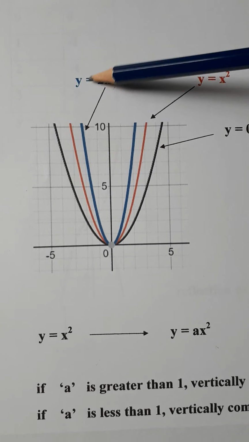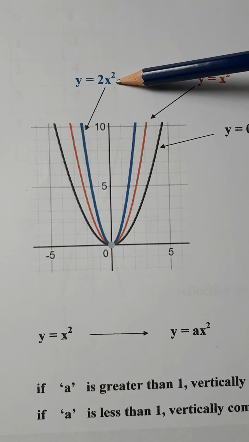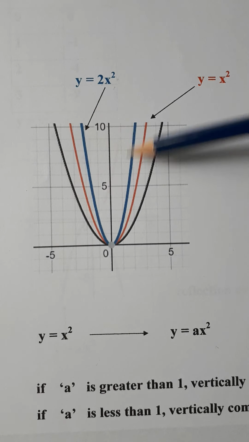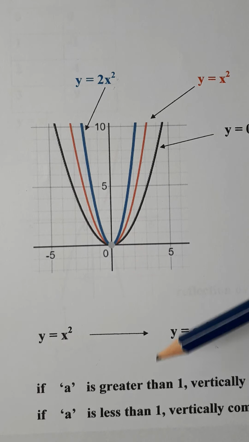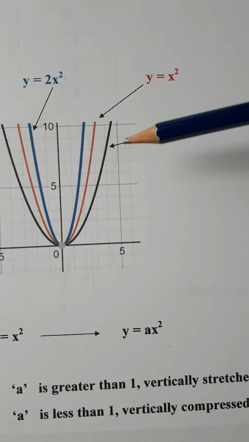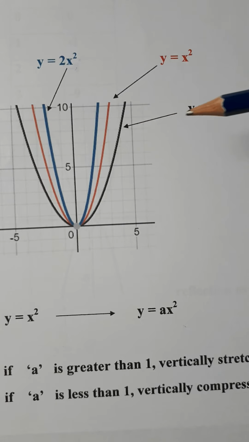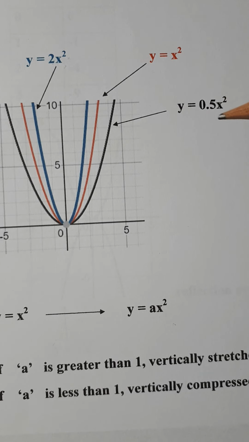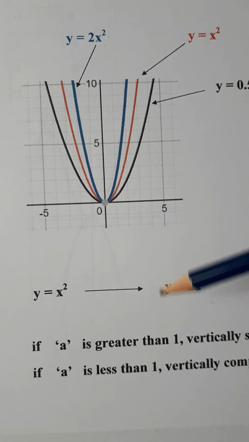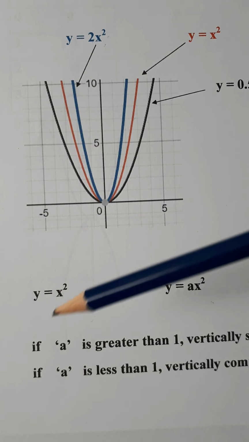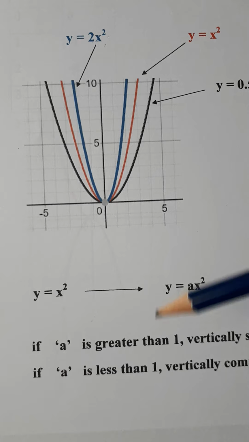If you look at y equals minus 2x squared, this thinner graph will reflect over the x-axis and it will look like this. Same thing for y equals 0.5x squared. y equals minus 0.5x squared will look like this. That thicker graph will simply get reflected over the x-axis.